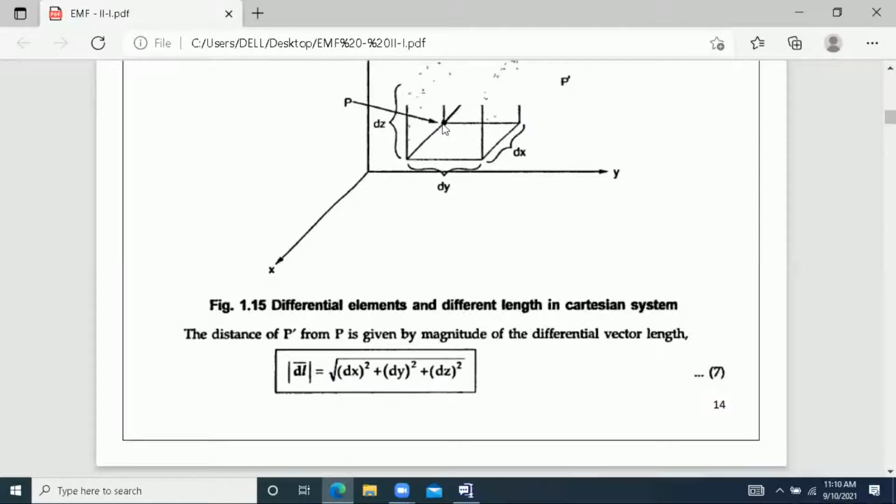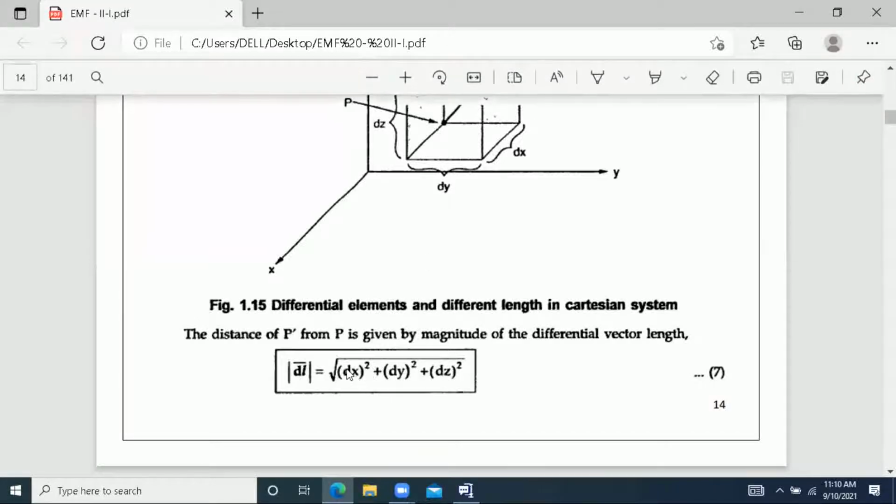Remember, you're going from P to P prime. So you change by dx, you change by dy, you change by dz. So the straight line between P and P prime is the modulus of that vector.